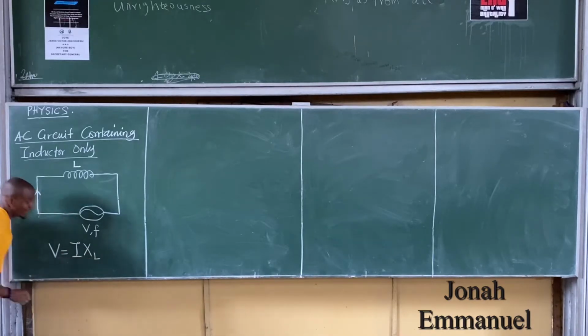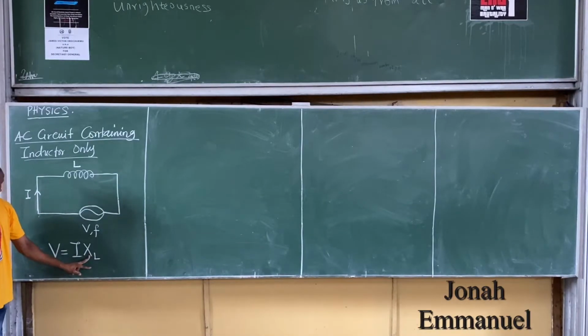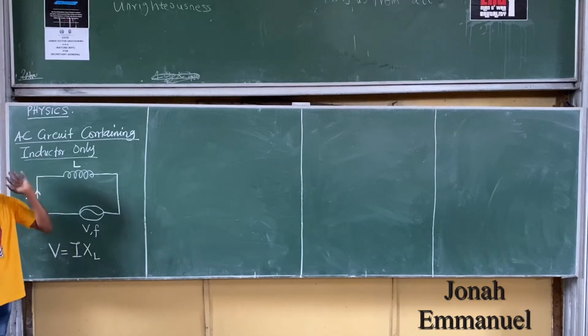For a resistor, V equals IR. For a capacitor, V equals IXC. For an inductor, V equals IXL. Now, see the difference.